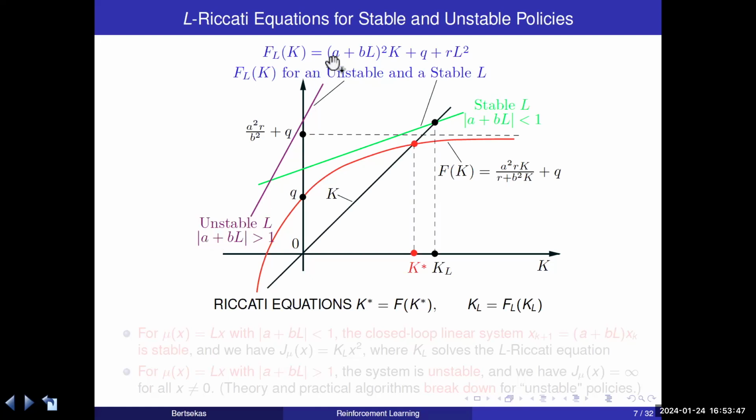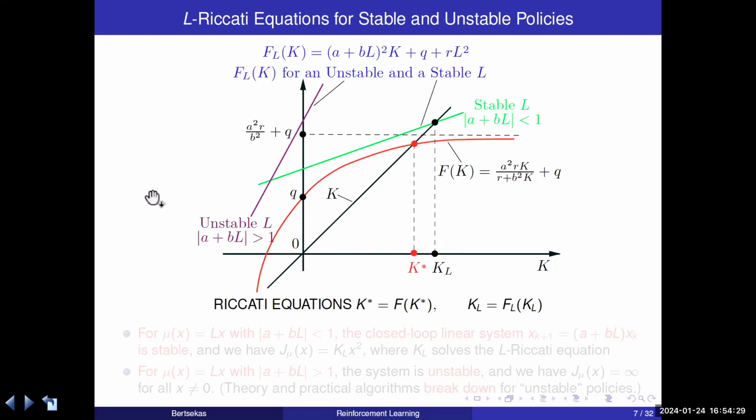If A plus BL is greater than 1 in absolute value, then the slope is greater than 1. And this kind of line does not cut the 45-degree line, except at some negative value. This one works fine and gives me KL, the cost corresponding to this particular value of L, but this does not give me a solution. Now, what's happening is that this policy is what we call stable, and this policy is what we call unstable.